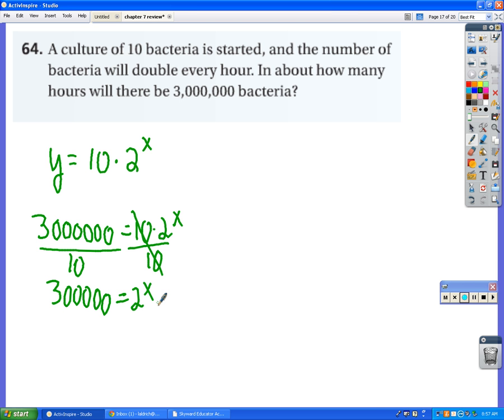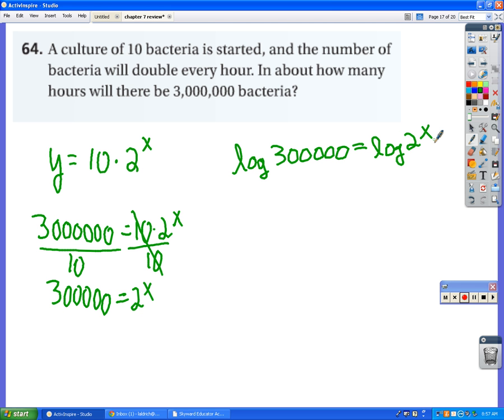And now I can log it. So log of 300,000 equals log 2 to the x. If I do the same thing to both sides, I can throw whatever I want in there. Why wouldn't you just make it simple and divide by 2?